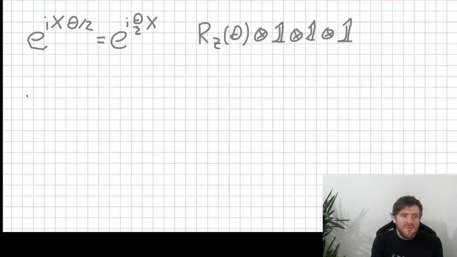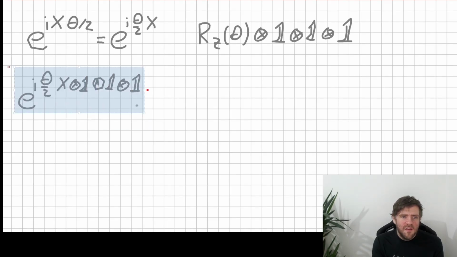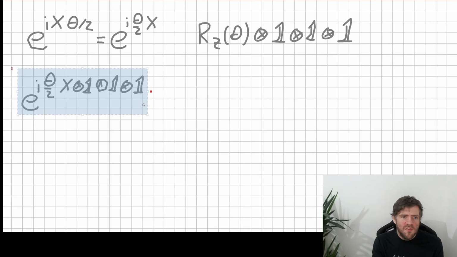So we can write this also as e to the i theta over 2 X tensor identity tensor identity tensor identity. So with that in mind, what happens if we were to conjugate this gate with a controlled NOT?